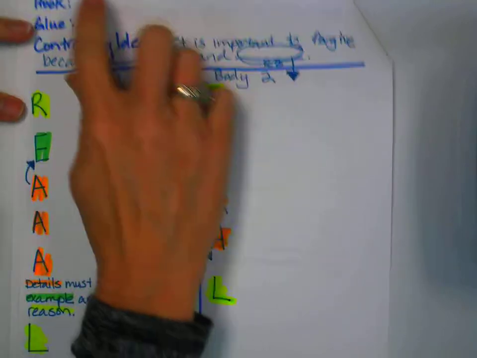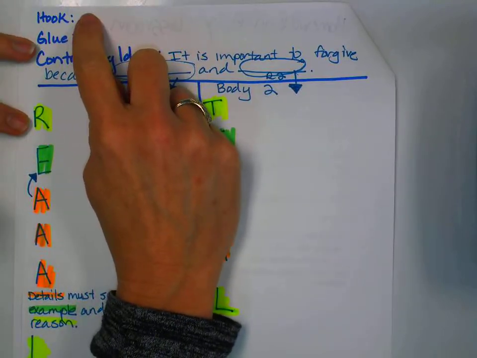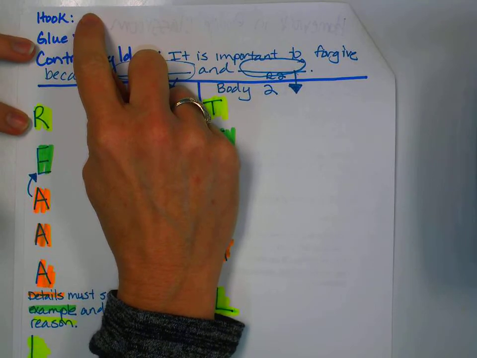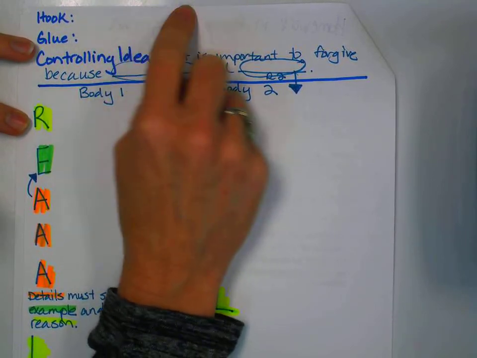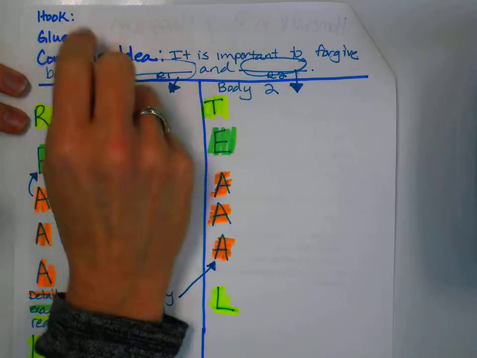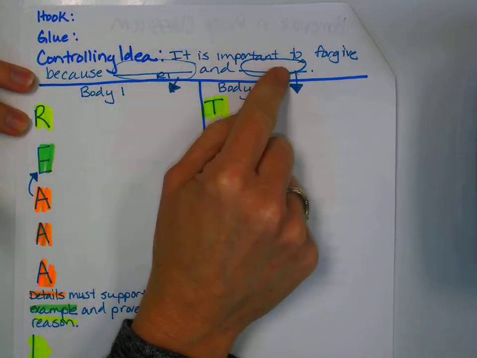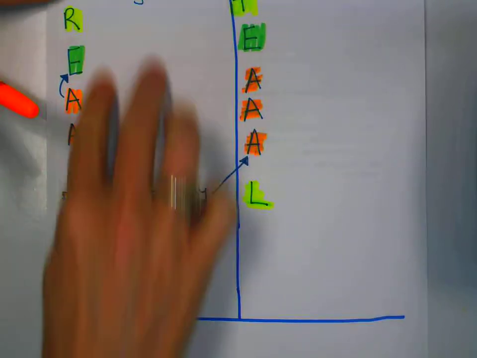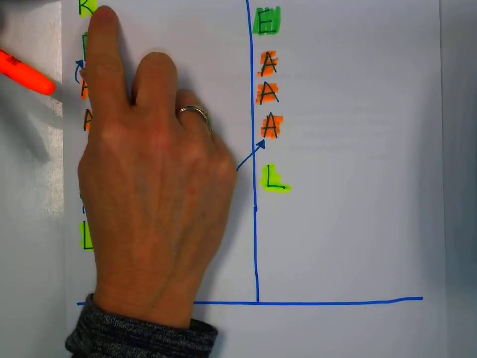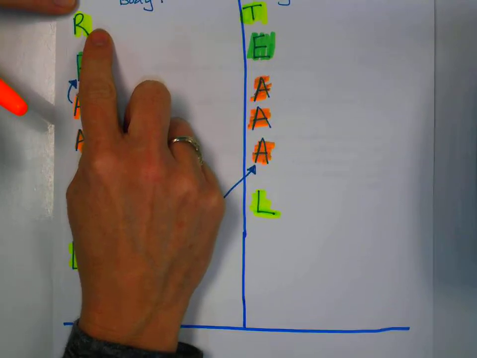Okay? So look, I have so far my hook. And when you do your I, you can just talk about what type of hook you want to try to use. You have your glue that explains your hook and leads into your controlling idea. Body 1, you have your reel. You restate your controlling idea with reason number 1.